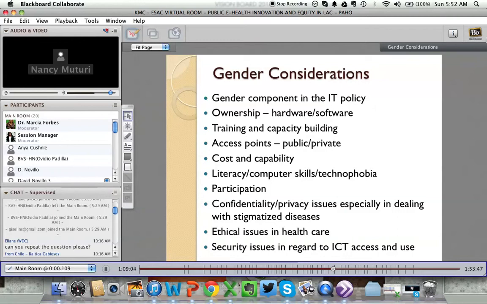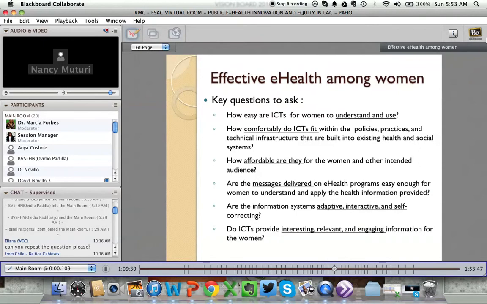Those might be of worry to a lot of people who might want to use them. Then there are obviously security issues in regard to IT access. If you use your cell phone and you share some information and somebody discovers that you have HIV/AIDS, are you really secure? Are you really safe? Or is it likely that you might be abused because of that kind of information?